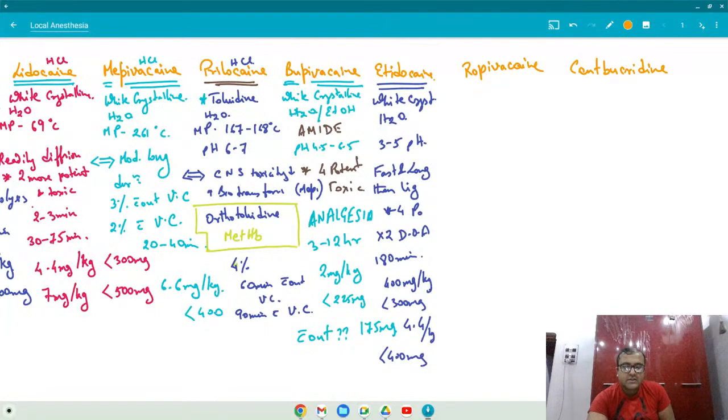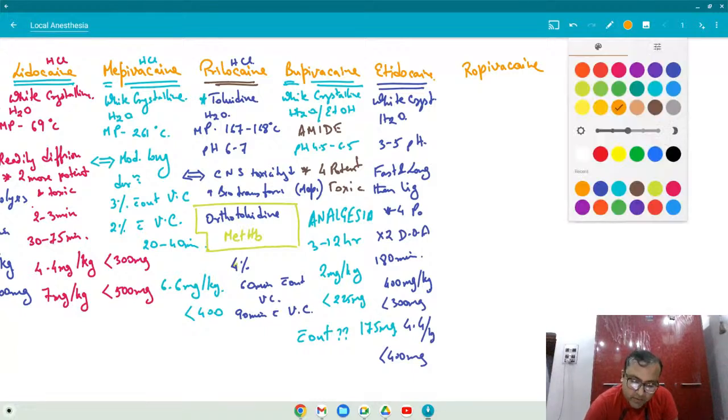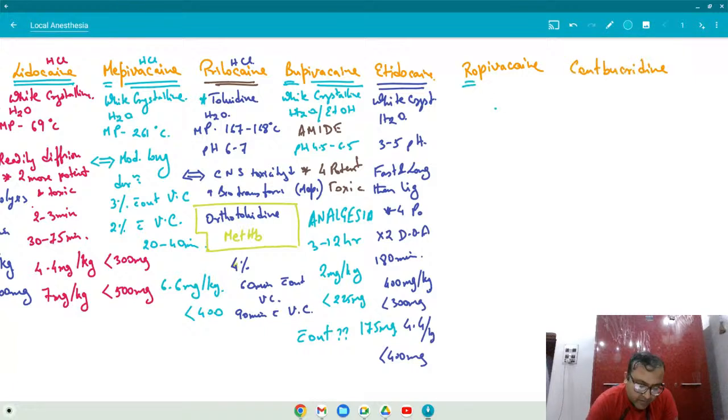So as far as ropivacaine is concerned, let's talk about it. Ropivacaine is again similar to... According to the naming game that I'm playing, Ropi should be compared with... The name is Ropi.